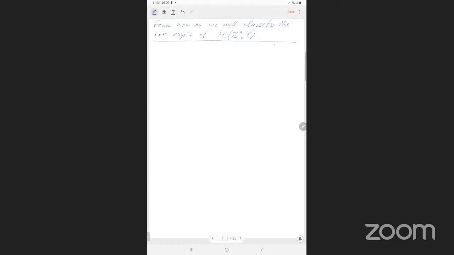Okay, so our next topic is the construction of the modules over this Borel-Moore homology convolution algebra. And to this end, we'll use the Springer construction.